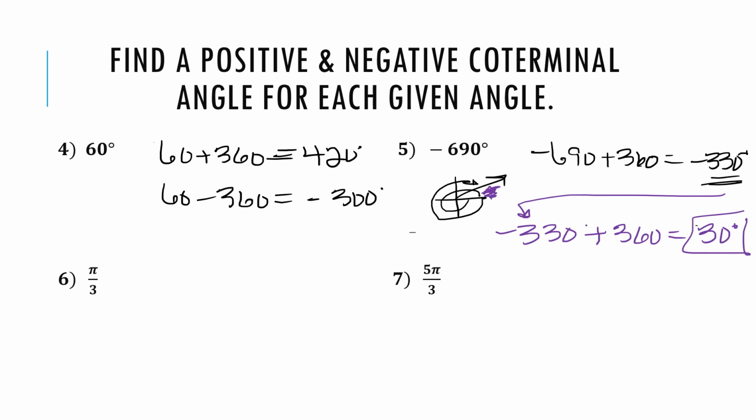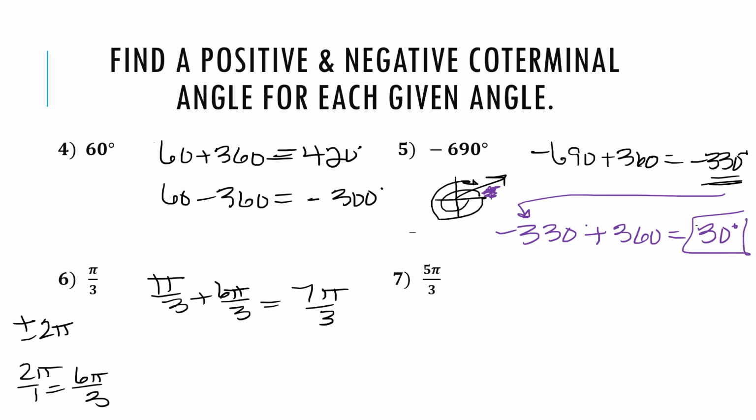For pi over 3, remember we are adding or subtracting 2 pi to the radians. So 2 pi over 1 is going to be equivalent to 6 pi over 3. We are going to take pi over 3 and add 6 pi over 3 to get a coterminal of 7 pi over 3. And then we will subtract, pi over 3 minus 6 pi over 3, to give us a coterminal of negative 5 pi over 3.